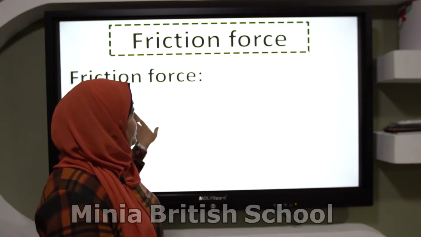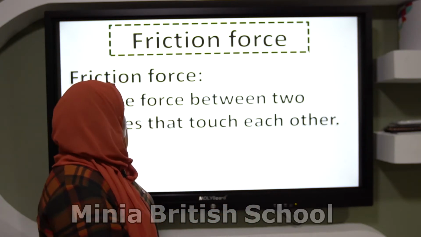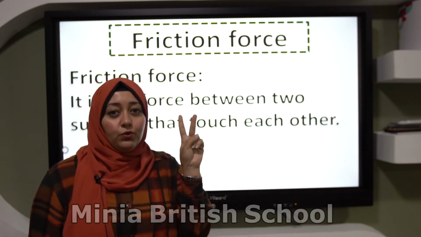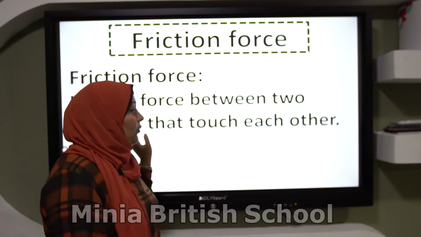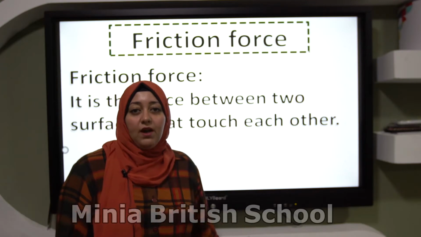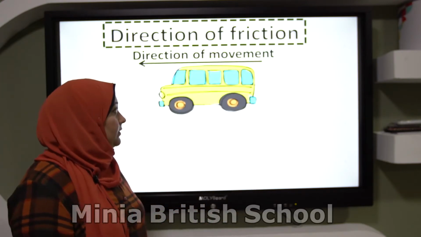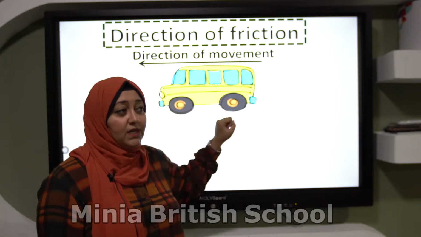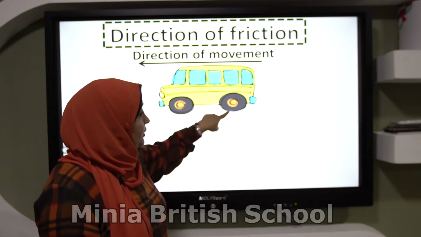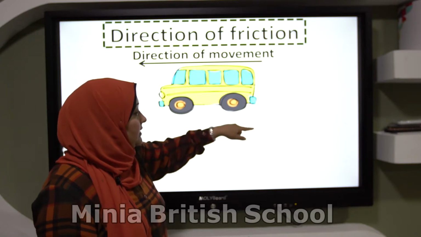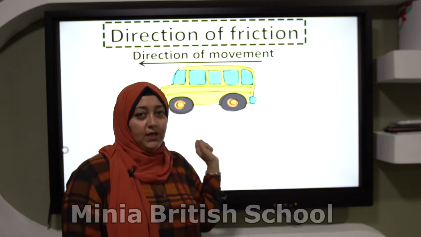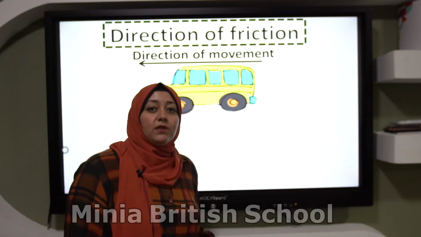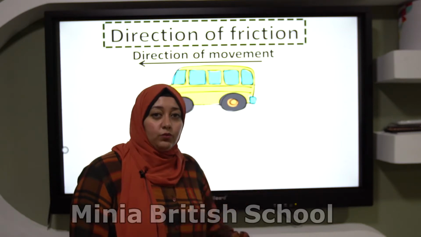So what is the meaning of the friction force? It is the force between two objects when they touch each other. If we have this bus now, the bus has a friction force between the tires and the road.